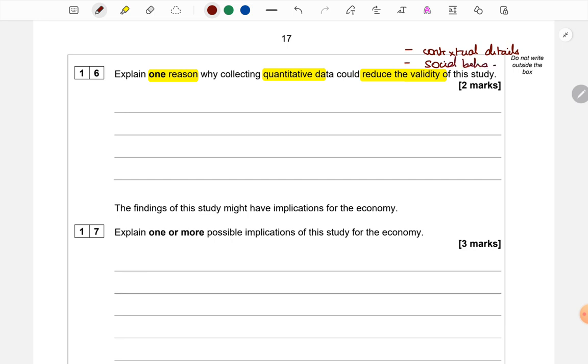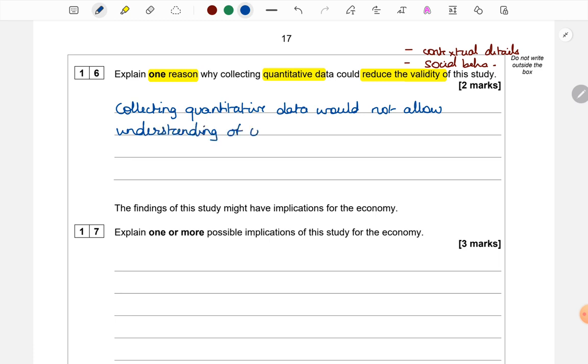Okay, so first thing I would state is collecting quantitative data would not allow understanding of contextual details of social behavior.